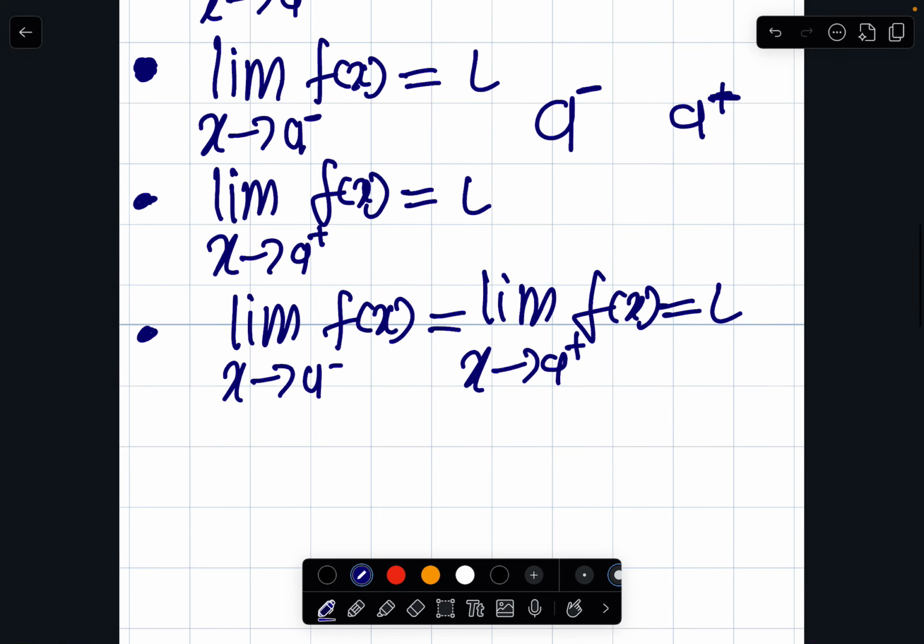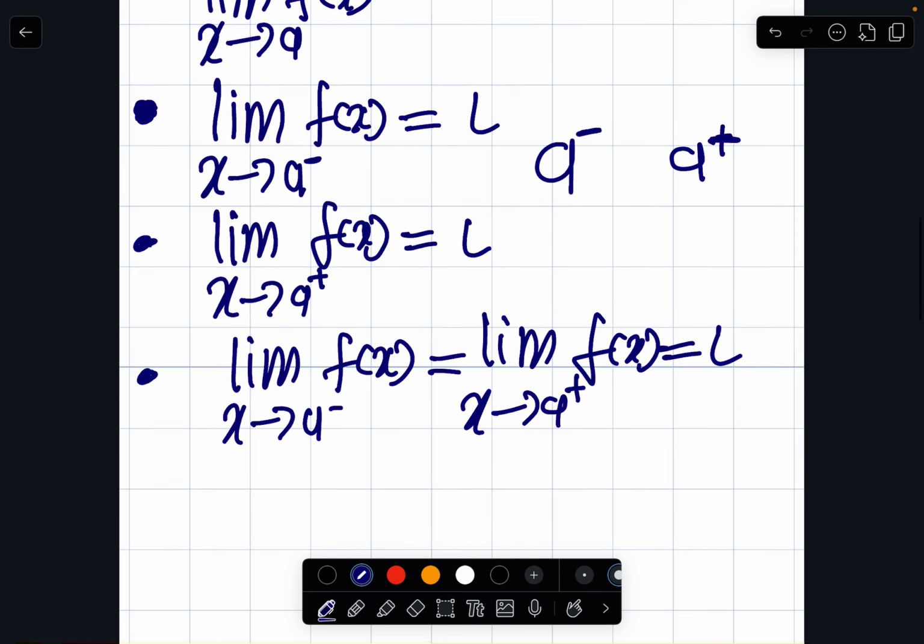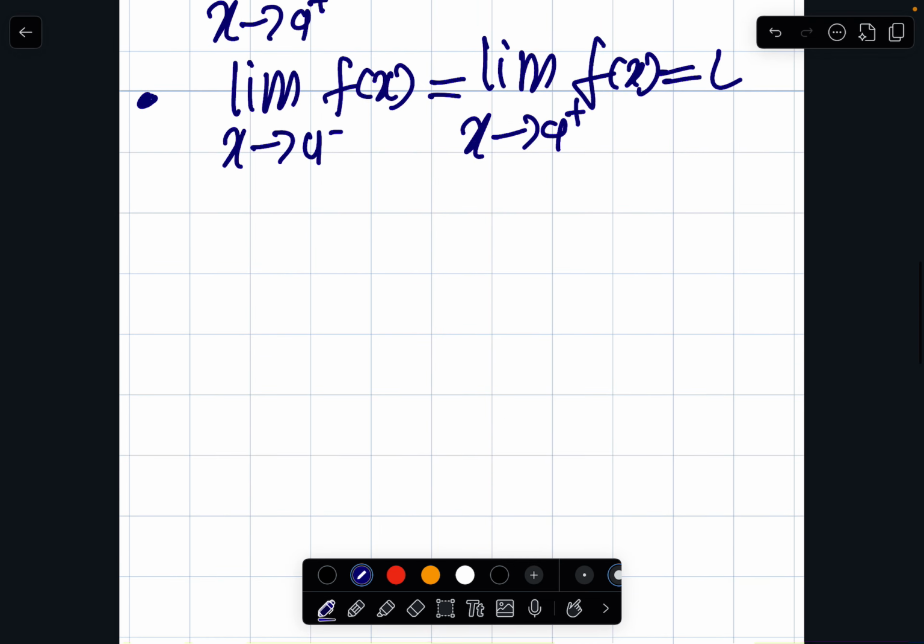This is when you will say the limit exists.